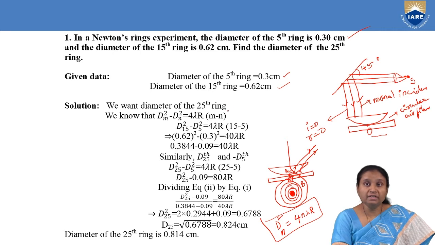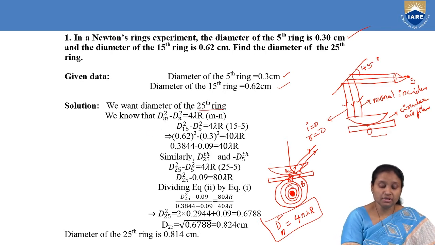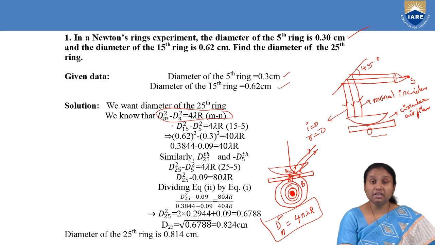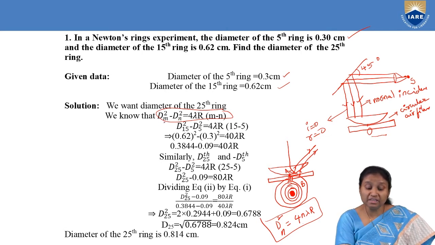Now, in order to find this 25th ring, first I'll take the formula. Here I have taken diameters of two rings, one is the mth ring and another one is the nth order ring. If we take the difference of the diameters, then the square of the diameter of the mth dark ring minus the square of the diameter of the nth dark ring is equal to 4λR into (m minus n).